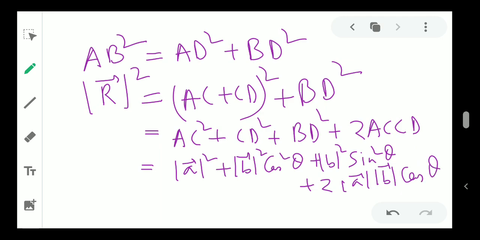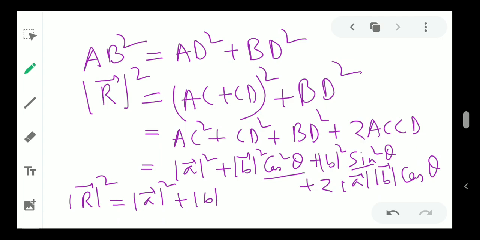So if I combine them, the value of R square is A square plus B square. This cos square and sine square will become 1, because if I take B square common, in the bracket we will have cos square theta plus sine square theta, and that is 1.